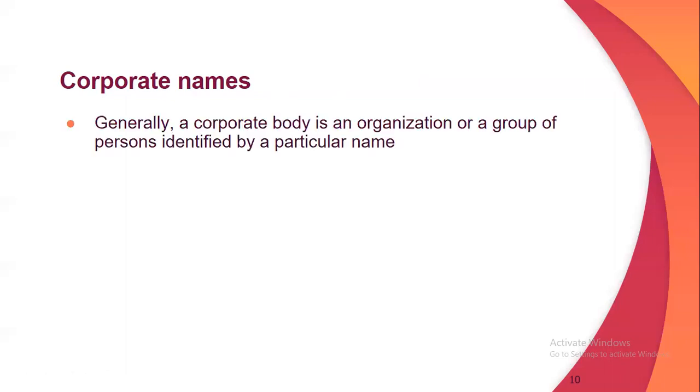Corporate names. Corporate bodies can also be the subject of works and as such would receive subject headings. Generally, a corporate body is an organization or a group of persons identified by a particular name. Indigo Girls, the musical group. The corporate name is the Indigo Girls.